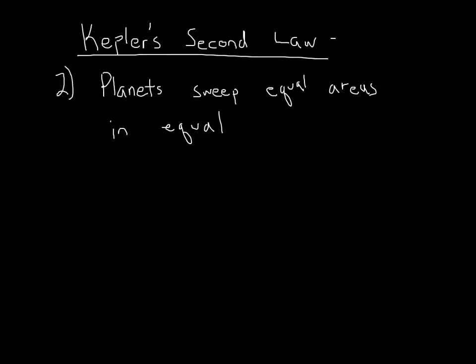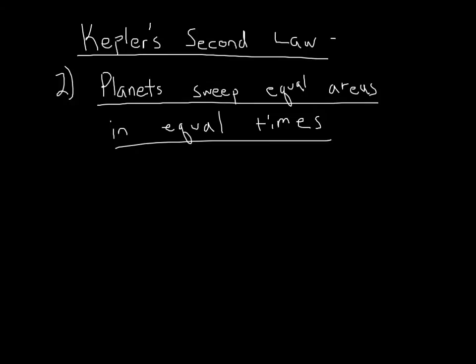This is another one that's kind of hard to visualize without actually drawing it or watching an animation of it. So we'll do that in class as well to help understand why planets sweep out equal areas in equal times.